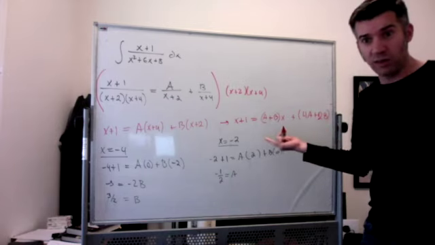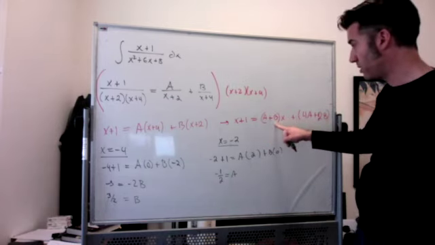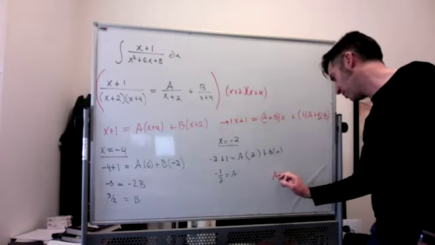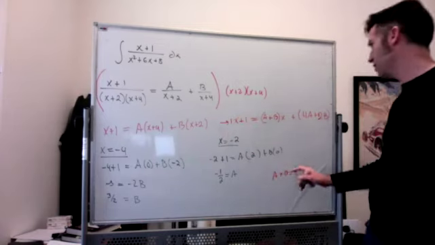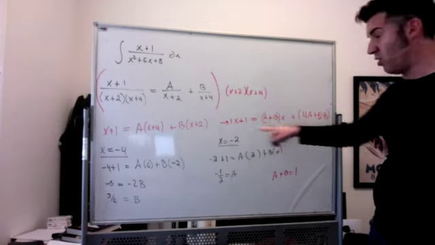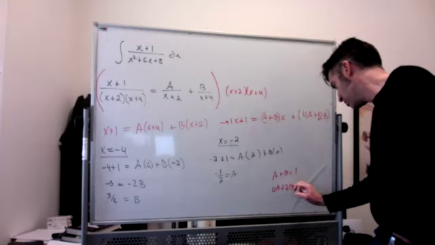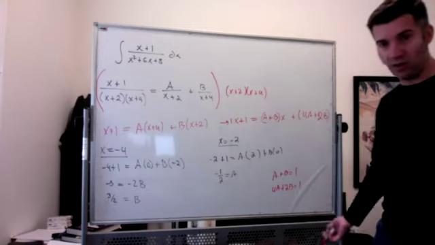But it's more work this way. You then have to say a plus b equals 1, since the coefficient there is 1, and 4a plus 2b also equals 1. And then you'd have to solve them.